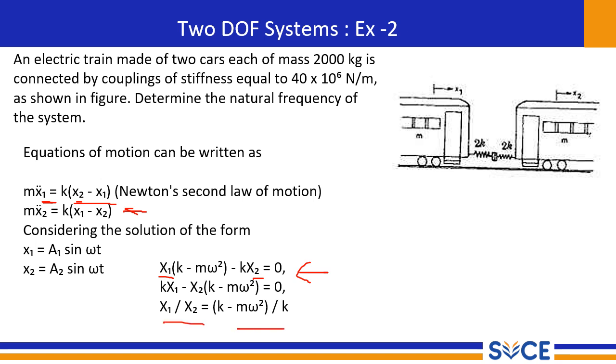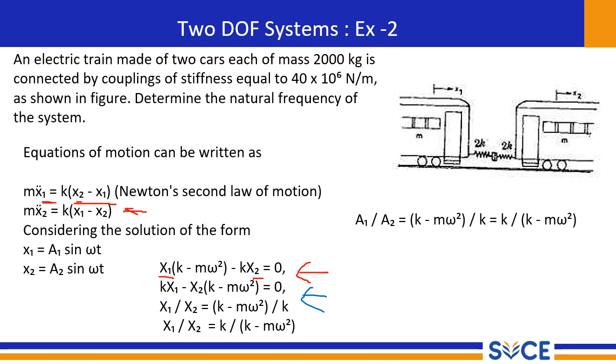Similarly, from the second equation, x1 by x2 will become k divided by k minus m omega square. So now both are equal, and we can equate them: k minus m omega square by k equals k by k minus m omega square. Let me put everything on one side.